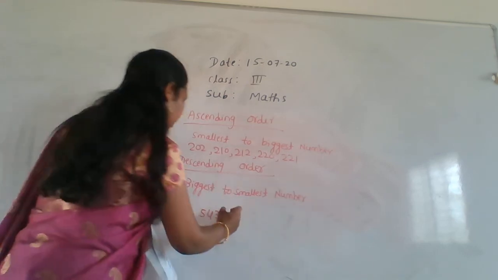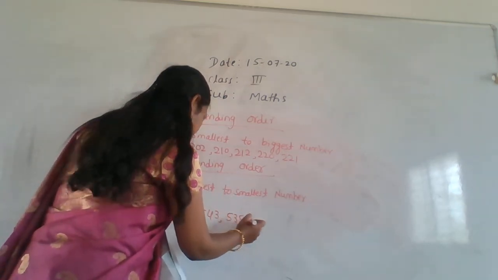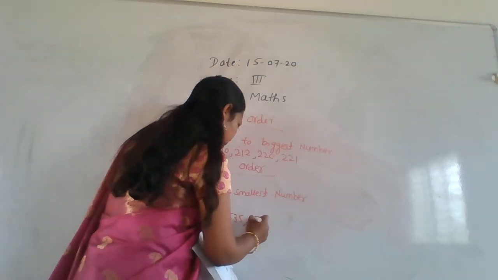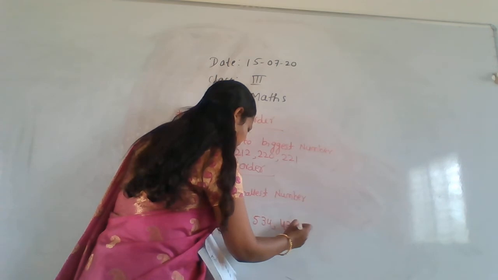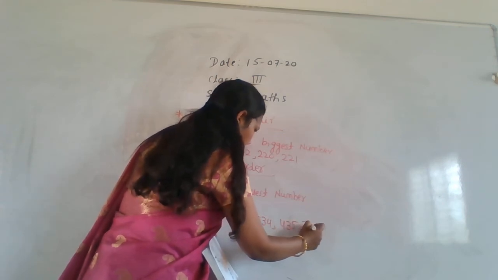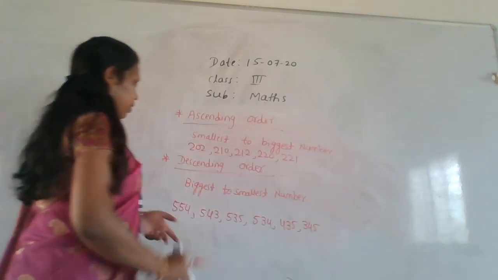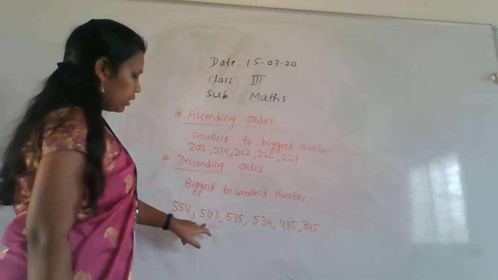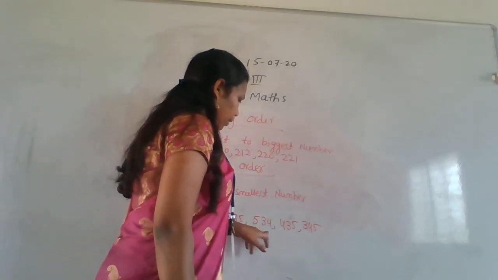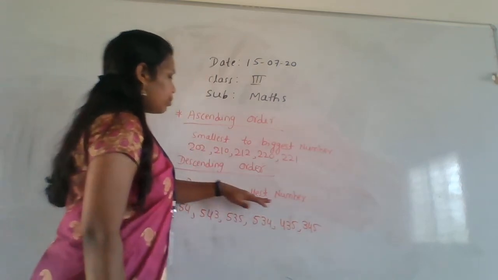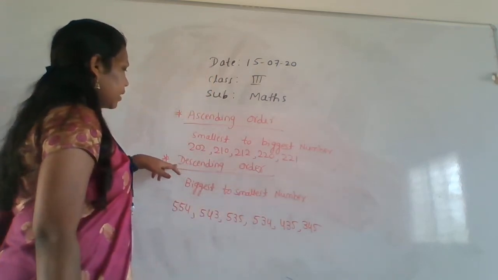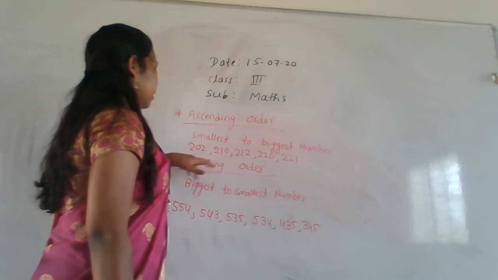After that 535. Next one 534. Next one is 435. Next one 345. See here: 554, 543, 535, 534, 435, 345. Biggest to smallest number, that is called the descending order.